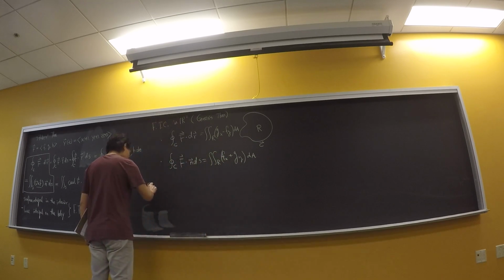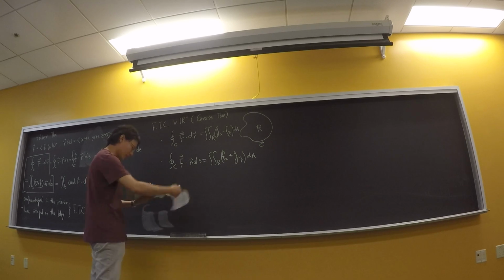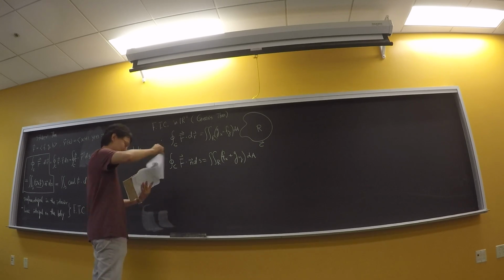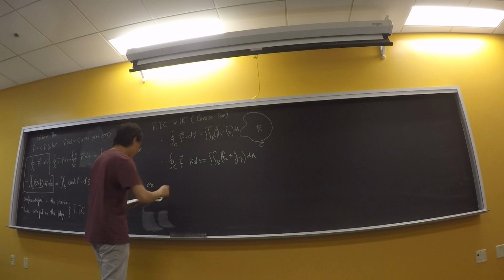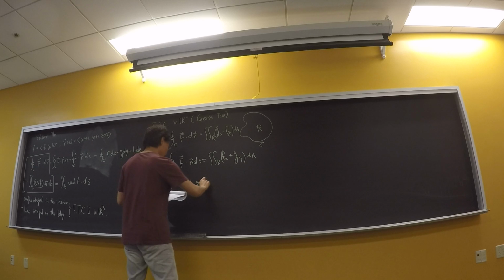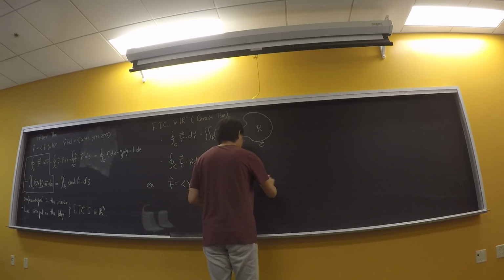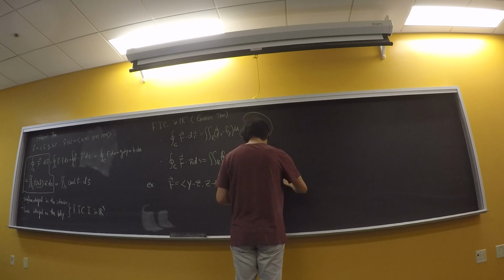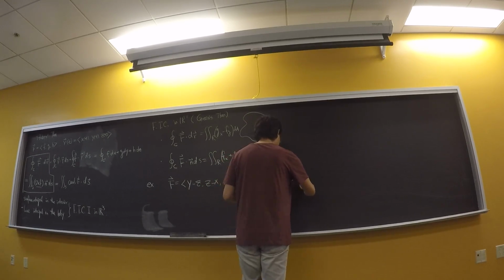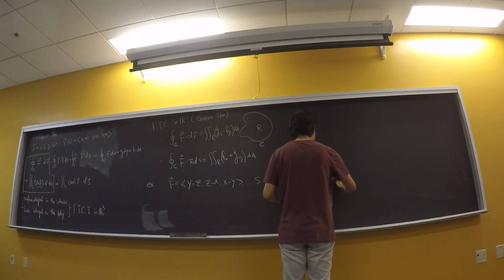Last lecture, we were practicing Stokes' theorem. The surface is given by x² + y² + z² = 9, and it is above z = 2√2.